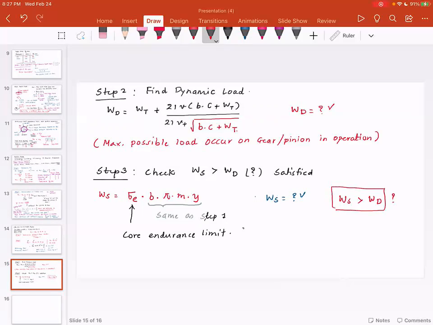Now the question is, what happens if this condition is not satisfied? Now, there are some tricks that you can play here. And when we solve the problem, we'll actually take a case where these conditions are not satisfied. Please understand, core endurance limit is nothing but a design specification.